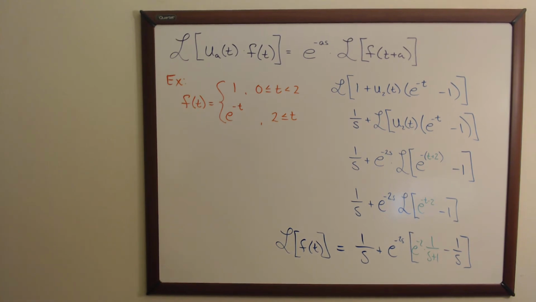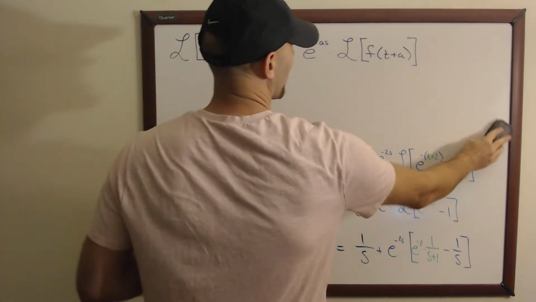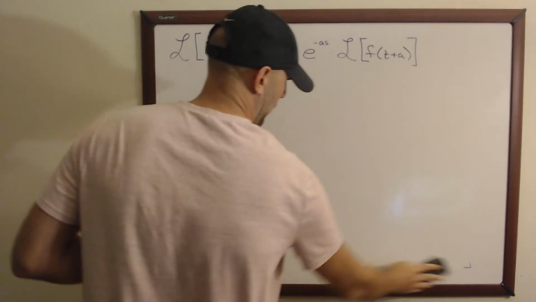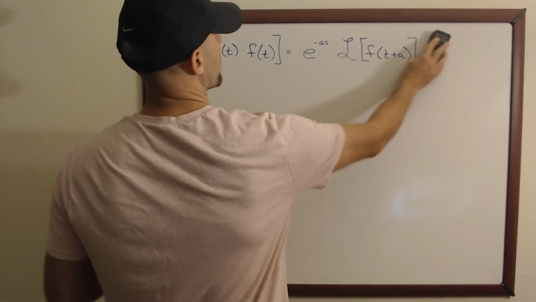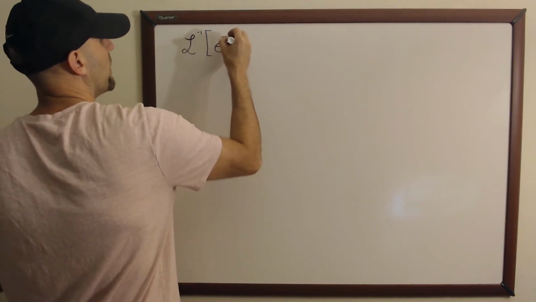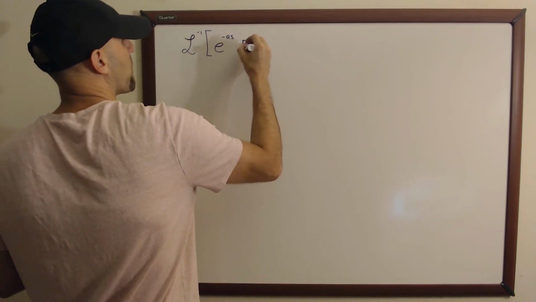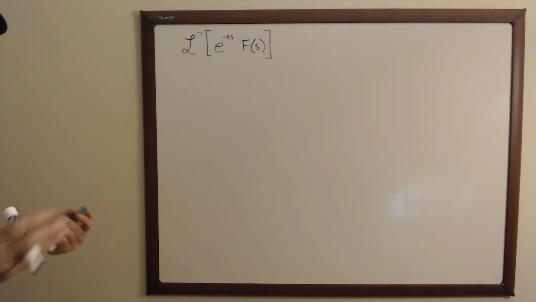Okay, let's untranslate. Okay? So this is going forward, and this leads to a very logical definition for going backward. I'm going to rescale it a little bit. If I rescale this, because I don't want the shifting to be on the front end, I want the shifting to be on the back end. Okay? So the inverse Laplace transform of e to the negative as times, remember that F of s is the Laplace transform of f. I don't know what f is, right?